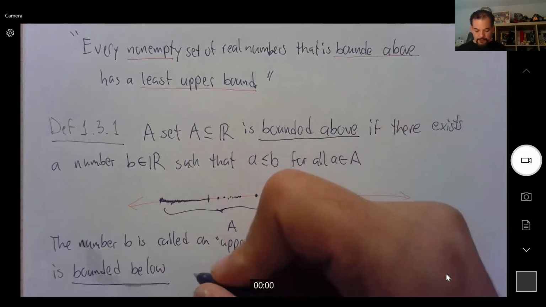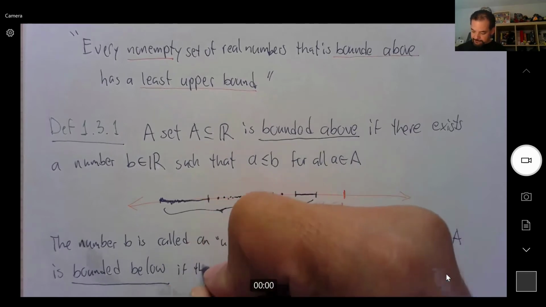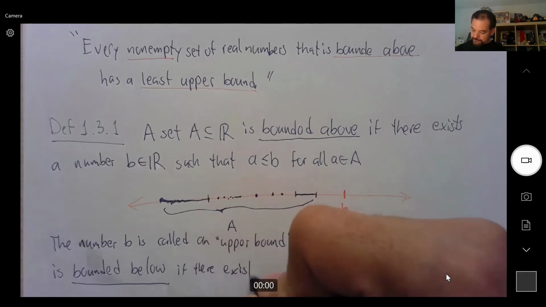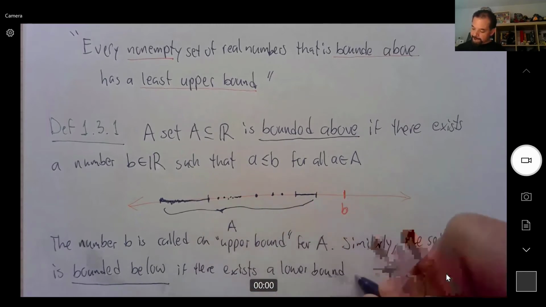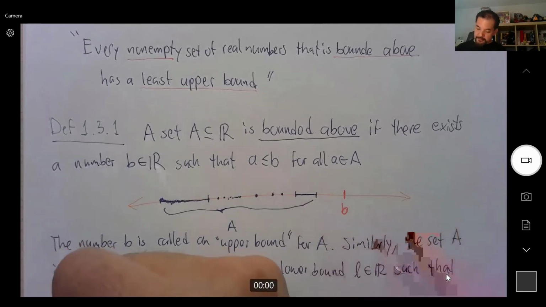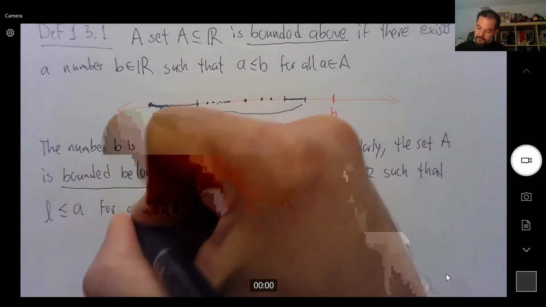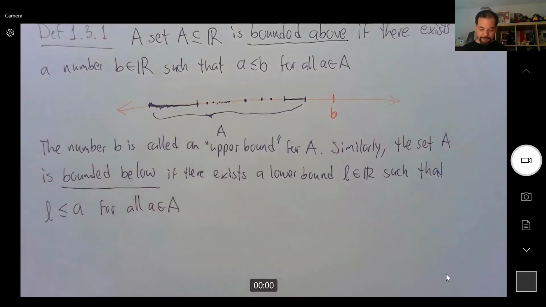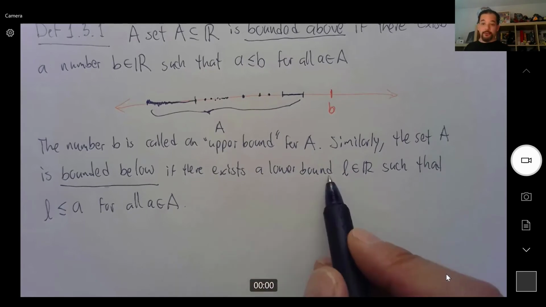Bounded below if there is a lower bound, L, a real number, such that L is less than or equal to a for all a in capital A. And you'll notice that this time I'm already calling L a lower bound, right?